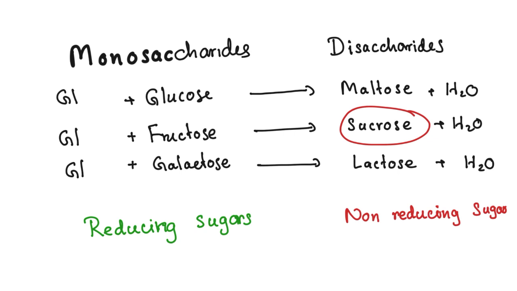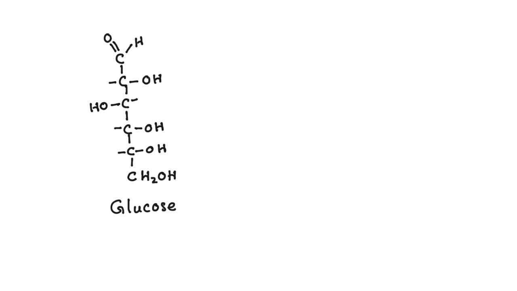If we look at the structures of these compounds, we will first take glucose and fructose. Glucose is a 6-carbon compound. In this glucose molecule, we can see this aldehyde functional group.